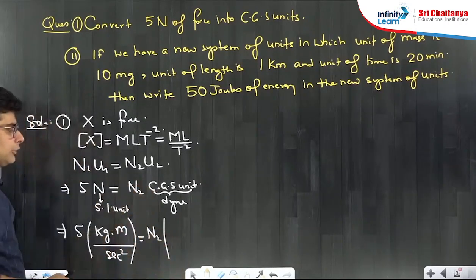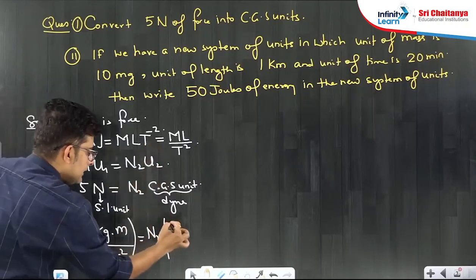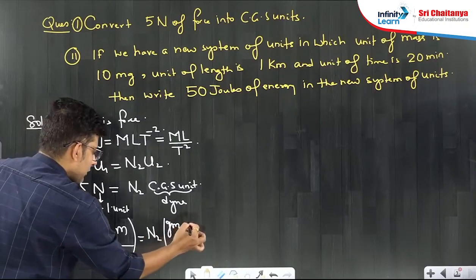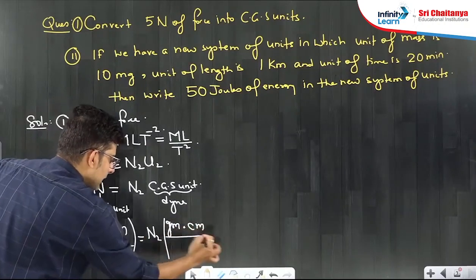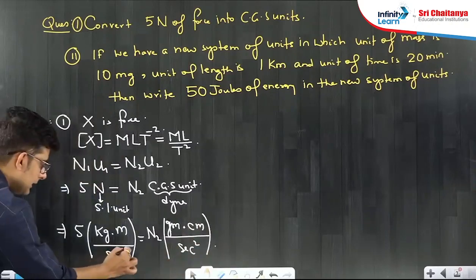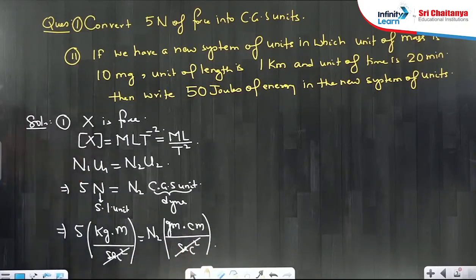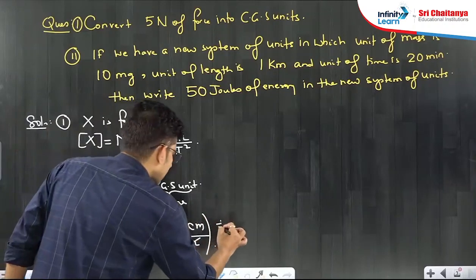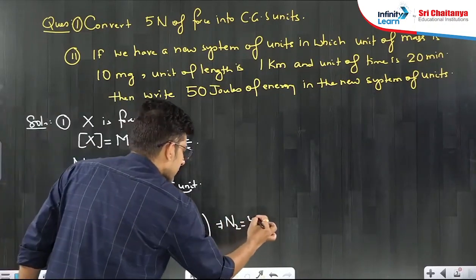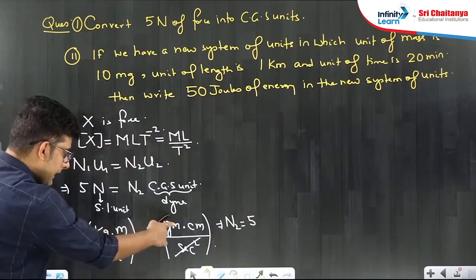Now come to the CGS units. The CGS unit of mass is gram, for length centimeter, and here second square. So second square will cancel. Now they are asking n2, so I write 5 kg meter.